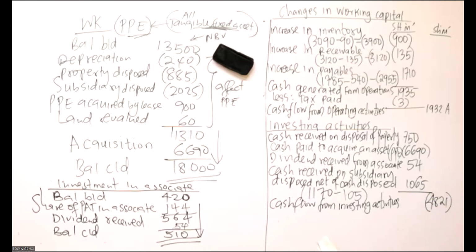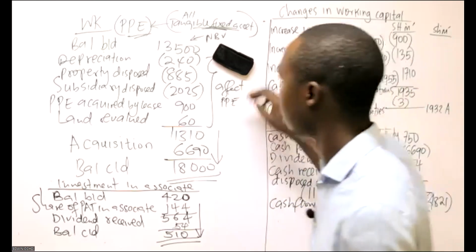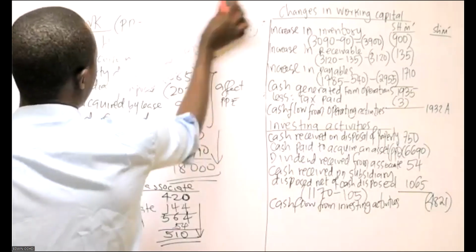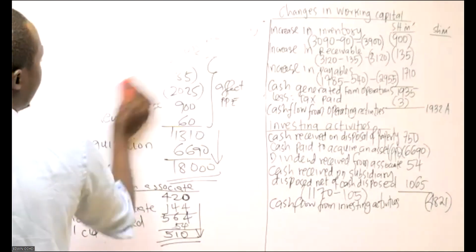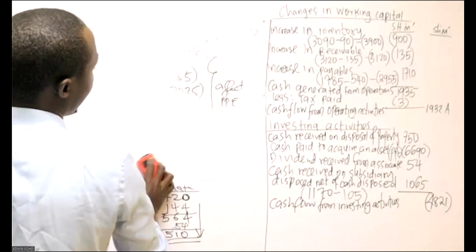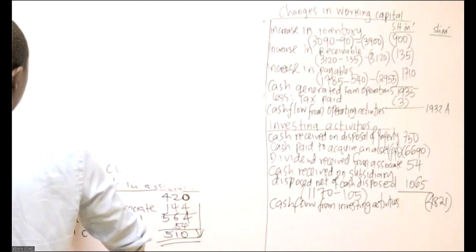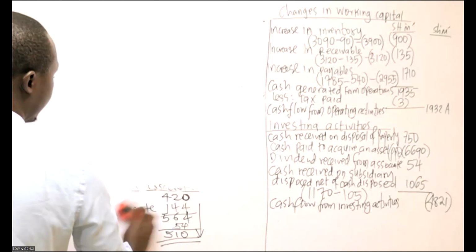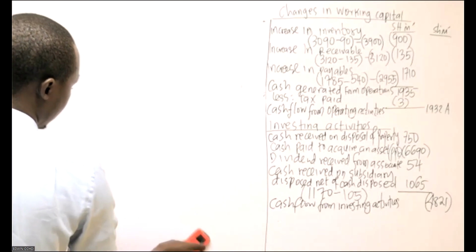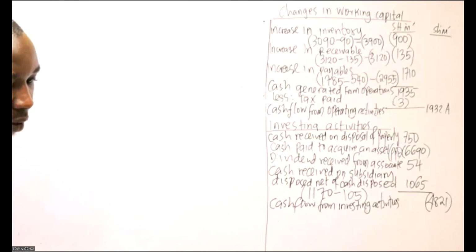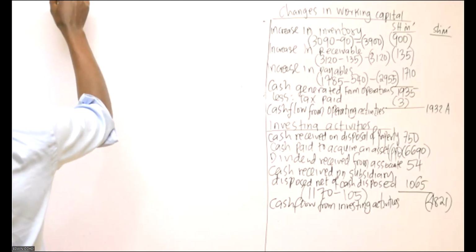So it can be a negative. It's not that when you get a negative, you say you are wrong. No, it can be a negative. The answer can be a negative. We call it a cash outflow. A cash flow can be inflow or outflow.